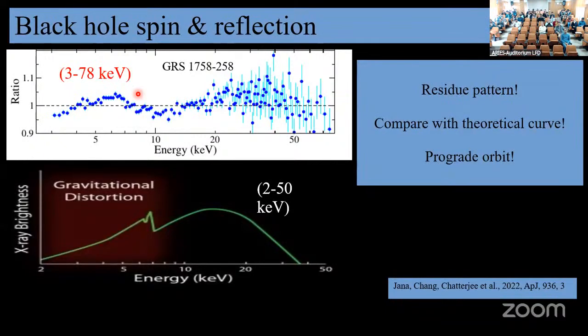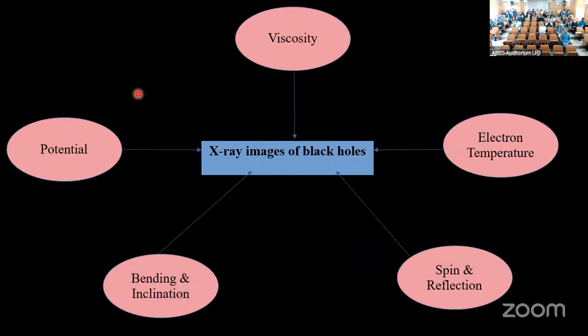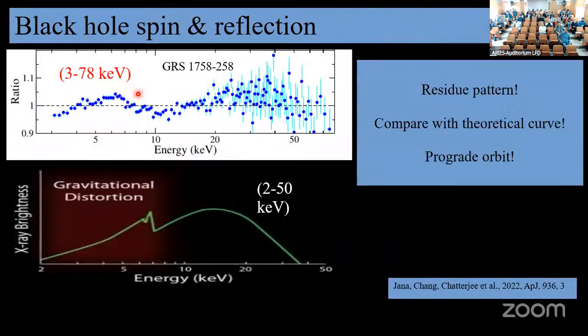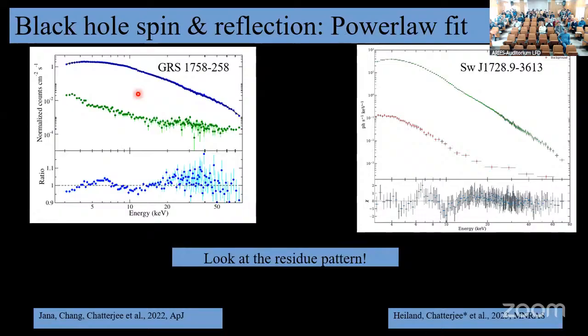No, it's not ACD, it's the residue of that. So let's go back. Yeah, so this is one particular spectrum which is fitted with a power law. Now, if you fit a spectrum with a power law, that means it's a straight line. On top of that power law, you get some residue.